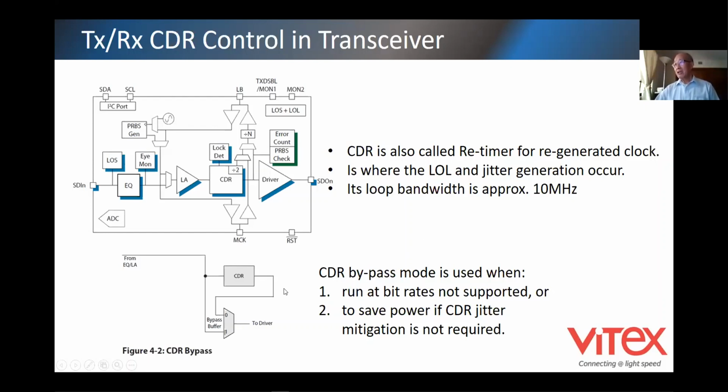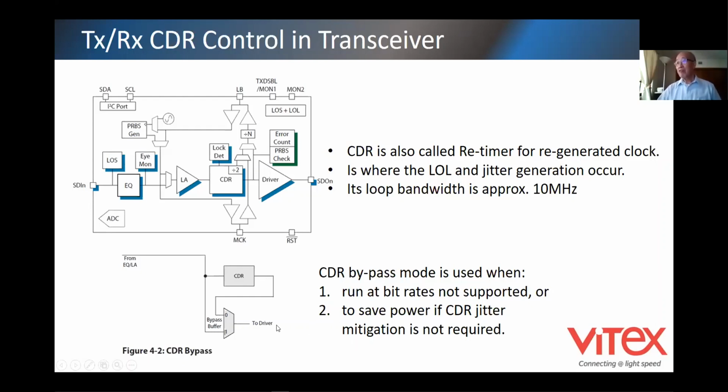In some applications, the CDR needs to be bypassed. You will be aware that running the specified bit rates of this transmitter is not supported because the clock is not locking. And then if you bypass the CDR, you get what that is, and I will show you some pictures.